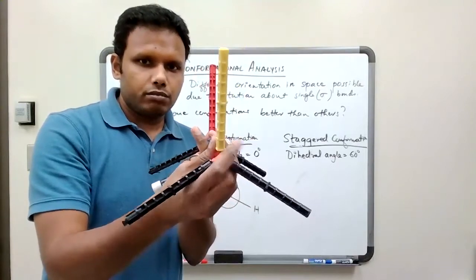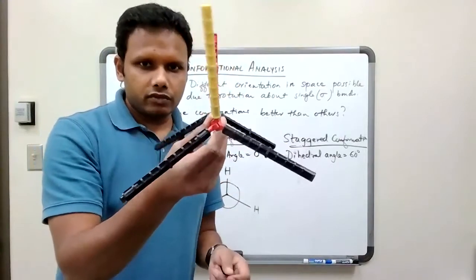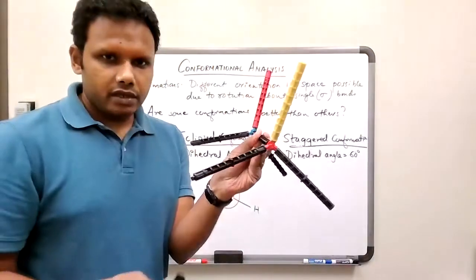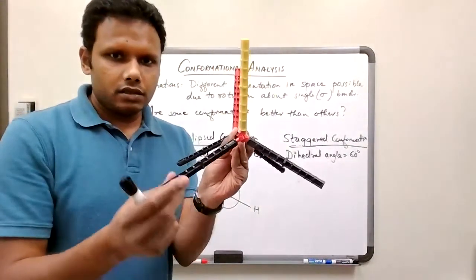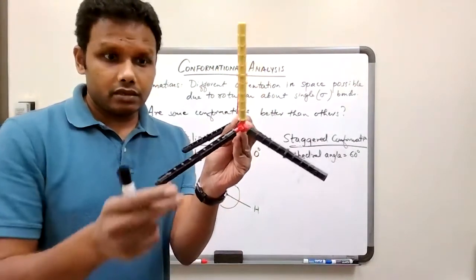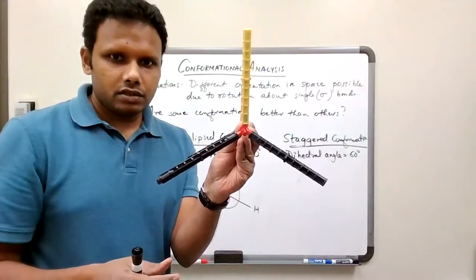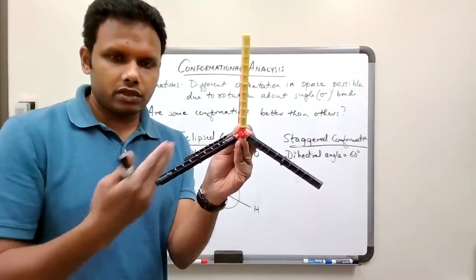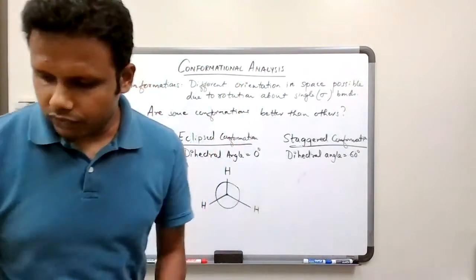In an eclipsed conformation, you should be able to barely see the groups on the back carbon when it is properly held. They're behind the groups on the front carbon.